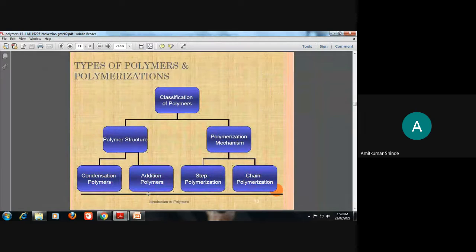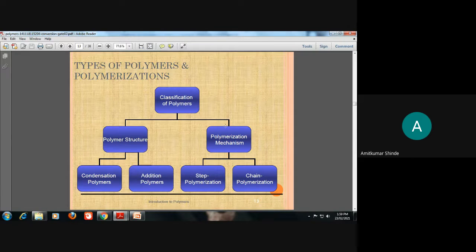Okay, please refer to this. This is the diagram for the types of polymerization, and depending on the polymerization technique, how polymers are classified. Whenever in an examination they ask you the types of polymerization, you have to draw this part only.